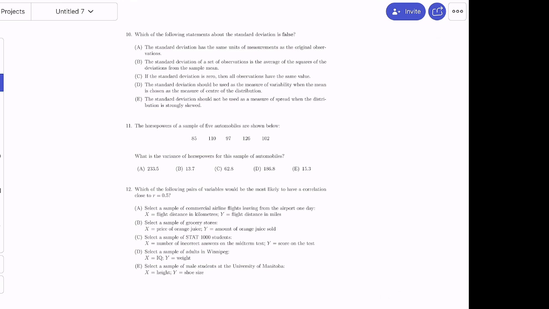Notice anything on the correlation. Correlation is not on this test, okay? You don't have to worry about that for this test.